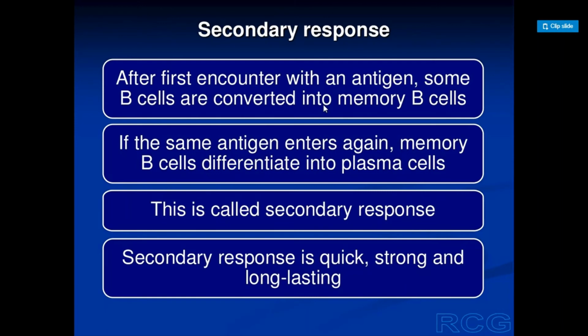In the first encounter with antigens, some of the B cells are converted into memory cells. So if the same antigen enters again, the memory B cells differentiate into plasma cells. This is called the secondary response. The secondary response is quick, strong, and long lasting.